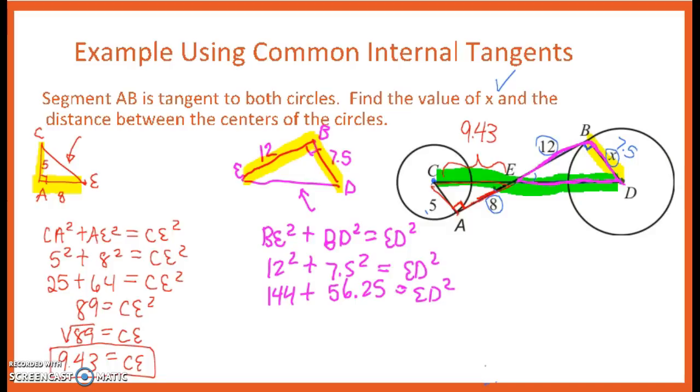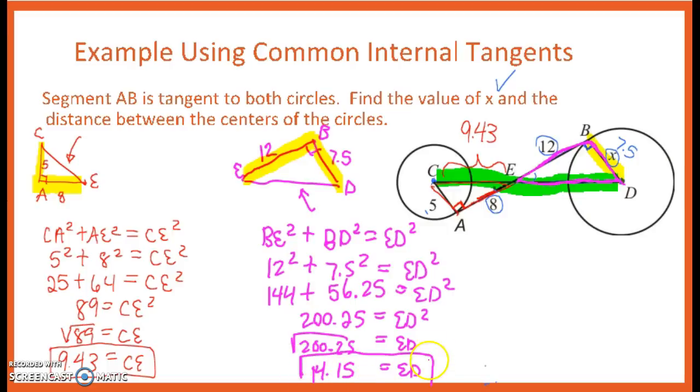So let's add 144 plus 56.25. That gives me 200.25 is equal to ED squared. So I need to take the square root of both sides. And that tells me that ED has a length of about 14.15. So that's this length right here.